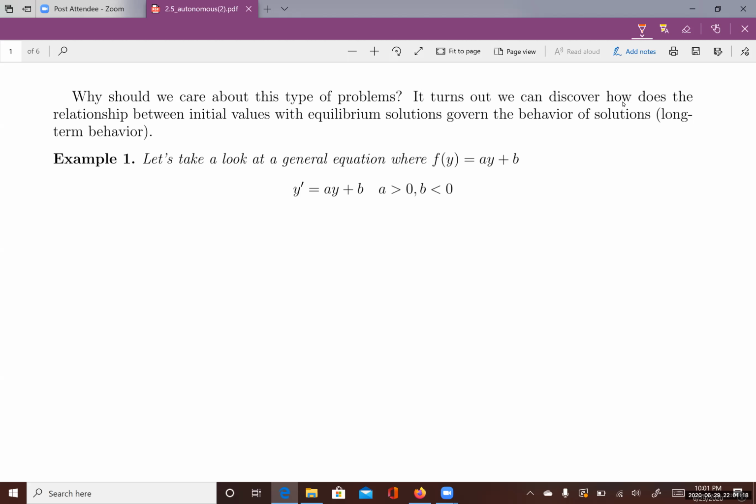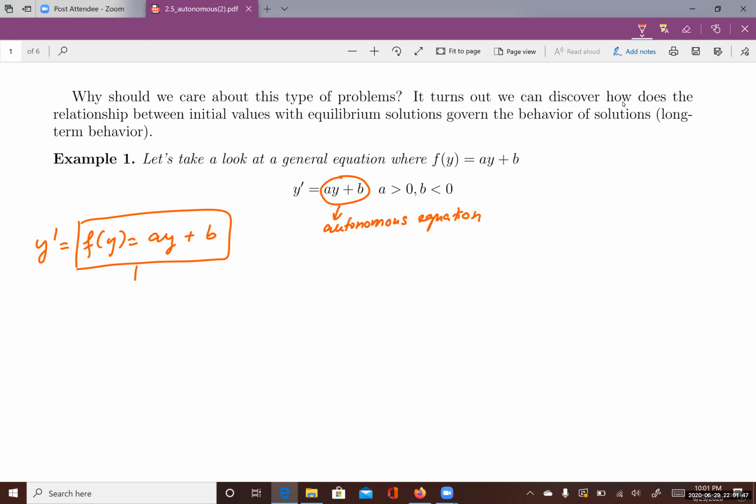If we look at this differential equation, y prime equals a times y plus b, the first thing we notice is, again, this is an autonomous equation. Since it's autonomous, we have f of y equals ay plus b, and y prime equals f of y. And from here, we can find equilibrium solutions.